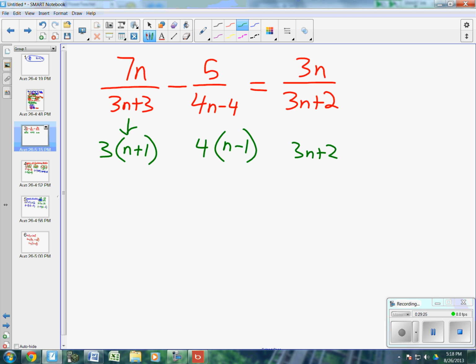And so I need to take every factor the most number of times it occurs in each denominator. Every factor in here is only mentioned once.